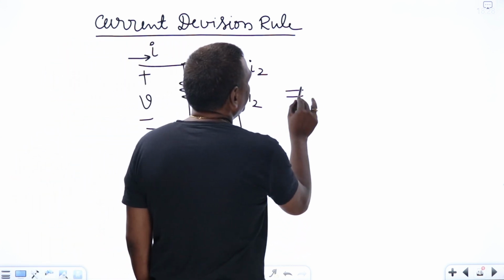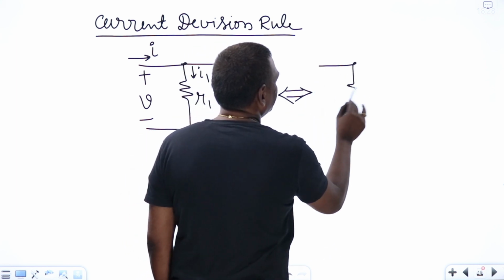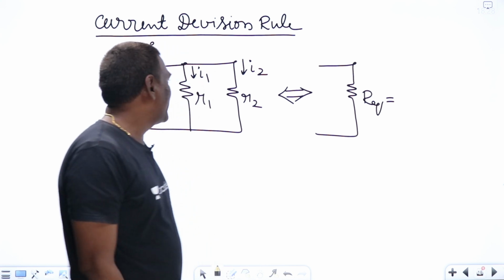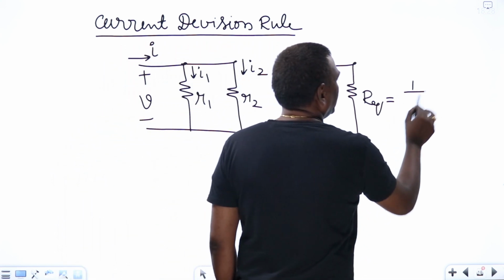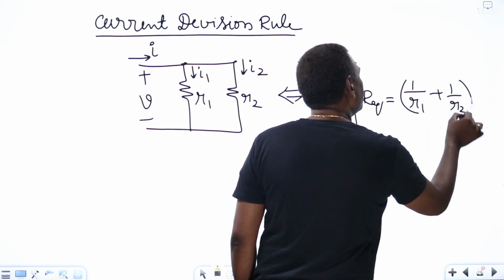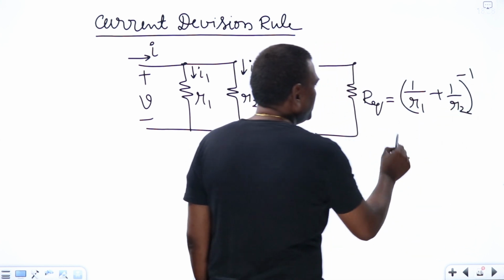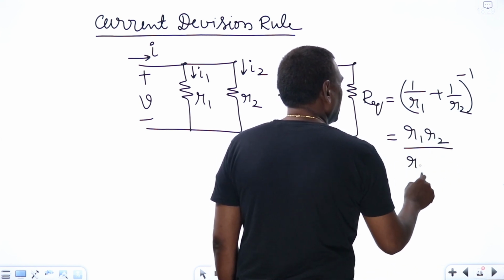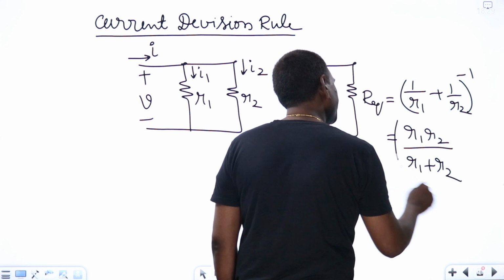Now, R equivalent is going to be how much? Two are connected in parallel. So this is going to be 1 by R1 plus 1 by R2, inverse. So this is going to be R1 R2 by R1 plus R2.